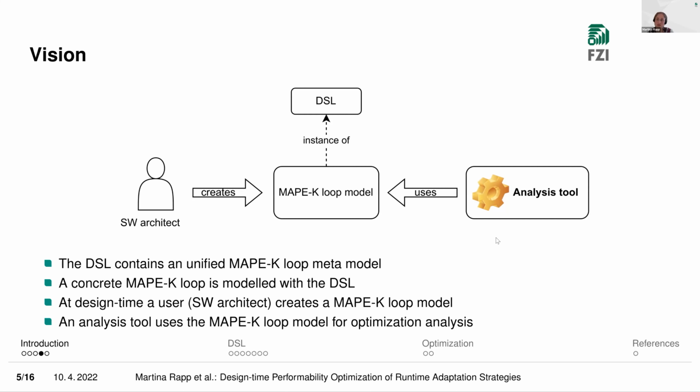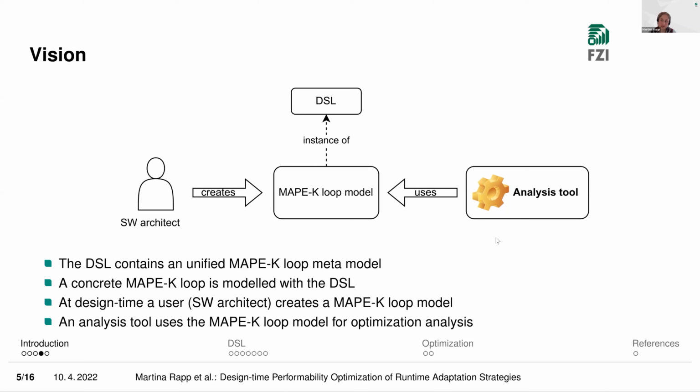Therefore, our vision on the design time performability optimization includes the following points. Point number one would be to have a DSL to represent adaptation strategies and the MAPE-K loop in an abstract way. If you have such a DSL, the user at design time, who is usually a software architect, would then be able to create a MAPE-K and adaptation strategy model of his or her future system.